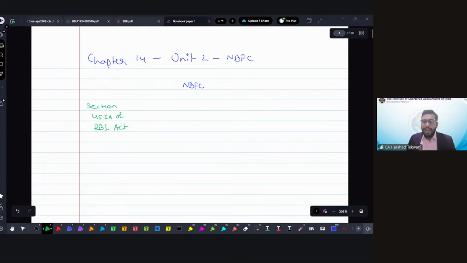But what does 45-IA of the RBI Act say? Anyone? What is the requirement of 45-IA? We say okay, 45-IA is applicable to the NBFC, but what does that section actually say? What is there in the 45-IA?